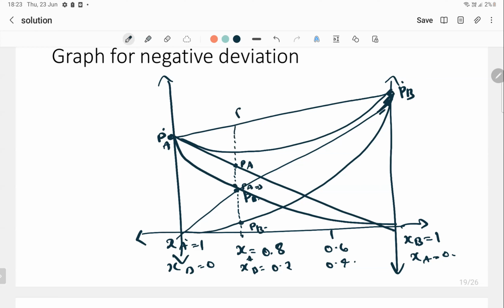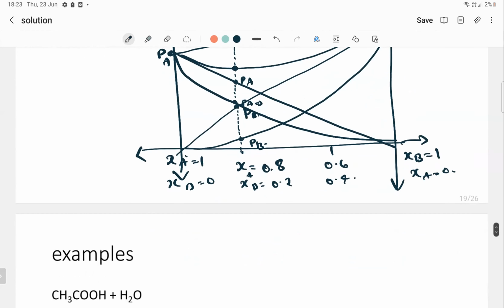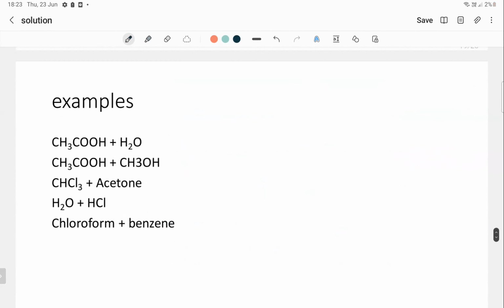So this is your P total according to negative deviations, you can find the value here. We have discussed the two kinds, that is positive and negative deviations. Just look through the graph and everything. These are all the examples of the negative deviations. So after completing this, solve some problems.